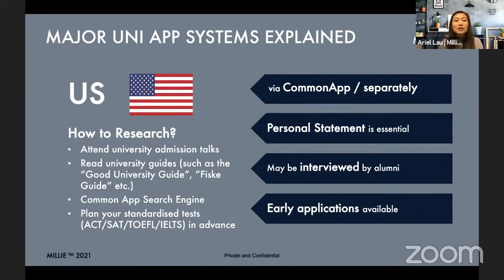And second, the US has a term called demonstrated interest. Demonstrated interest means whether or not you show interest towards applying to the school, whether or not you show that you're genuinely interested in knowing more about the school.